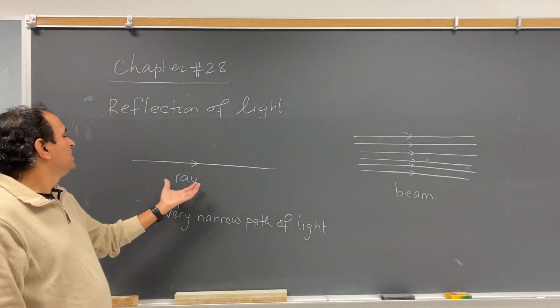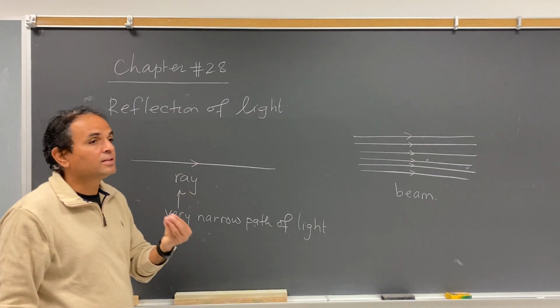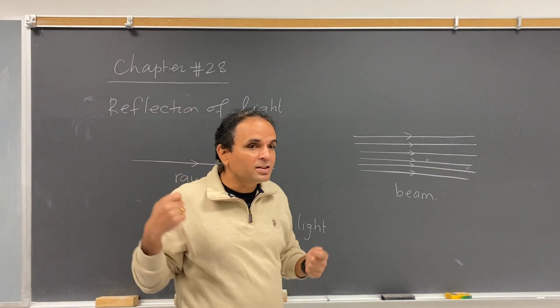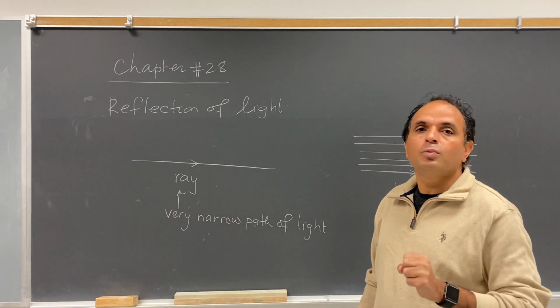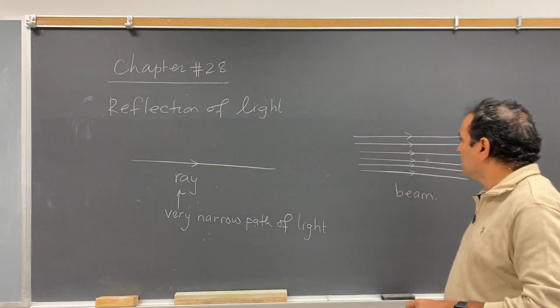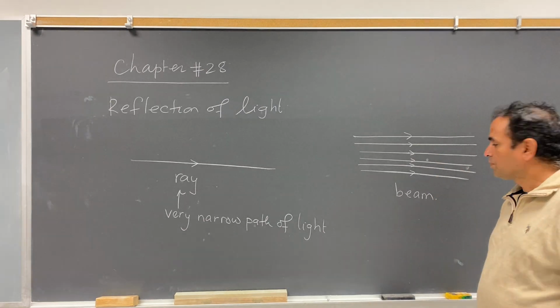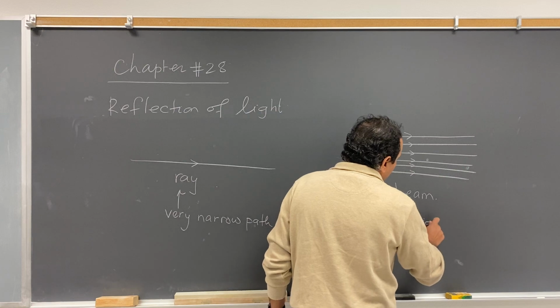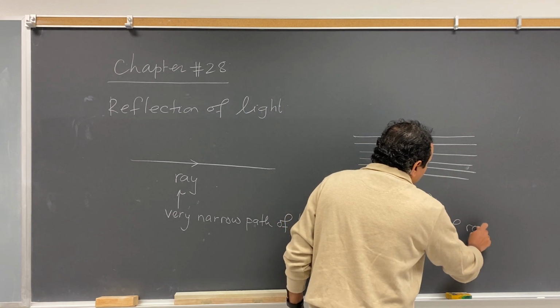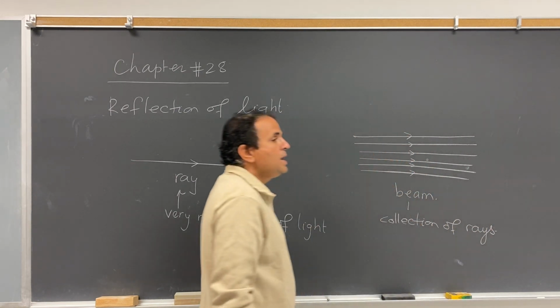We can simply call it a single ray, but it is kind of impossible to get just a single ray. So simply we say very narrow path of light. That is what we call the ray, and this is a collection of rays. That is what we call the beam.